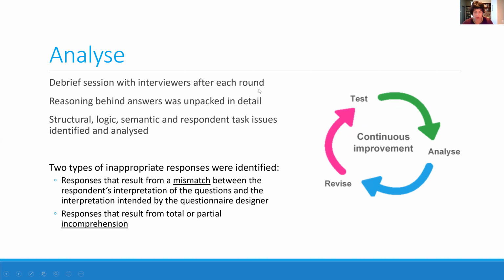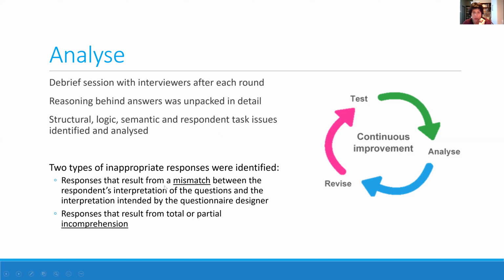In the end, we did 5 rounds, and after every session, we debriefed. We unpacked in detail why respondents answered the way they did, and I will go through with you now the typical types of problems that respondents experience that we found when we analyzed. There were mainly 2 types of inappropriate responses.